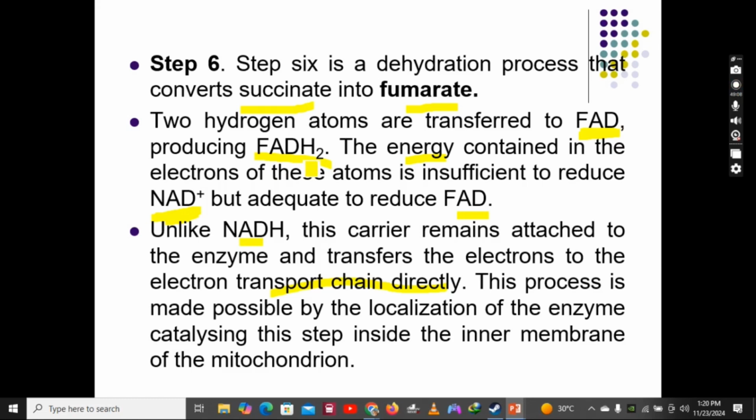So the FADH2 remains attached to the enzyme in the mitochondria, and it's going to be transferring the electrons onto the electron transport chain. We'll look at the electron transport chain in detail, and you'll be able to see how it also works as another pathway in cellular respiration.